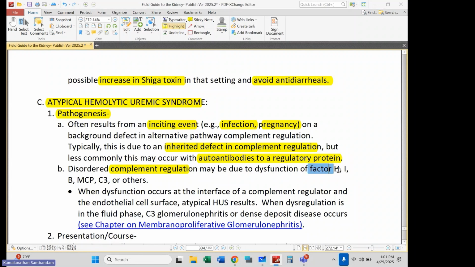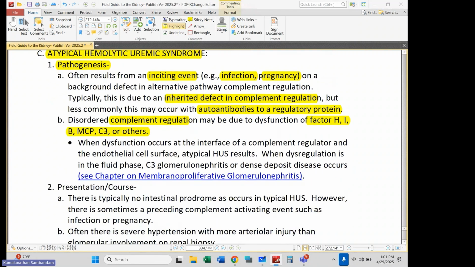You can have, again, a number of elements of the alternative pathway that can be dysfunctional. Factor H is the classic one. And this takes a little bit of discussion.